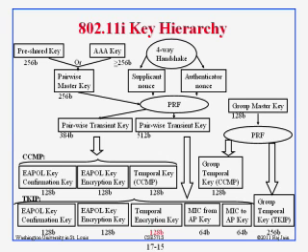Now the only thing which is bothering me in this diagram is why they are using the same key for encryption and integrity, and I will have to check that too.